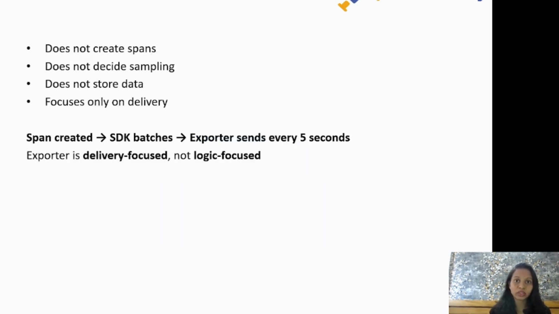Let's move on to the next one, what the exporter does not do. This slide is critical for interview clarity. The exporter does not create spans, decide sampling, or store data. Those responsibilities belong to instrumentation, the SDK and the collector. The typical flow is a span is created, then the SDK batches it, then the exporter sends it every few seconds.